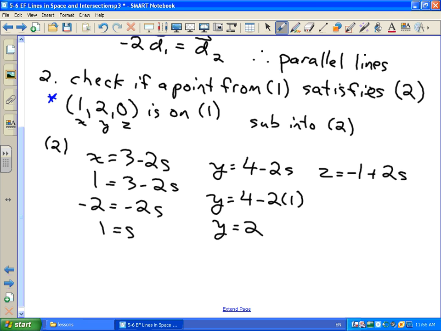And we check back up here. We're supposed to get a y value of 2. So that's good. And let's put s into our z equation. z equals -1 plus 2, which is 1. We wanted it to give us a z value of 0. So this did not work.